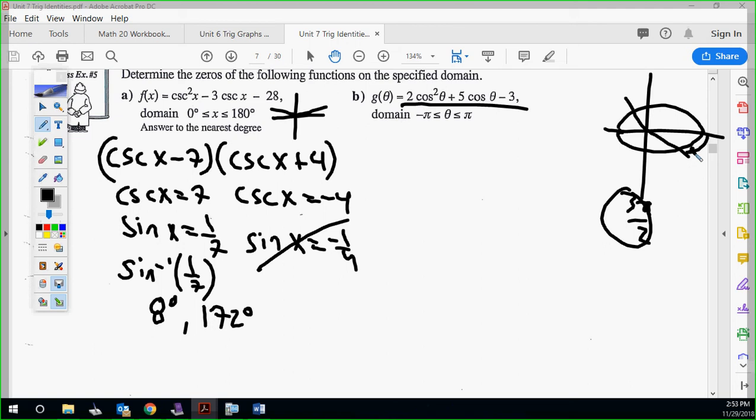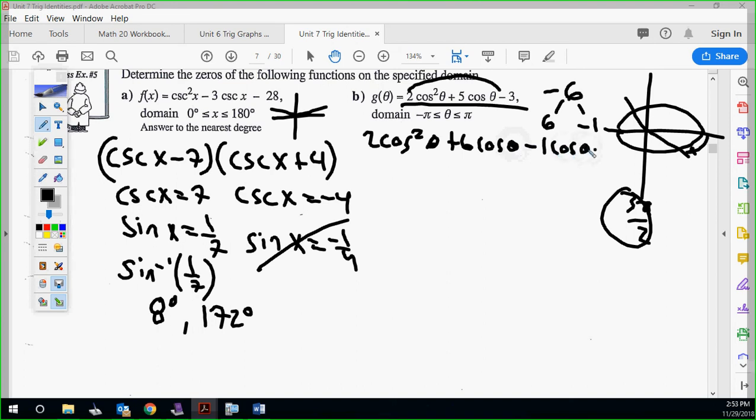Okay, so now we got to do our decomp factoring. They're making us work here. So -6 factors, -6 that get you 5. That's going to be 6 and -1. So we got 2 cos squared theta plus 6 cos theta minus 1 cos theta minus 3, group. We take a 2 cos theta out.